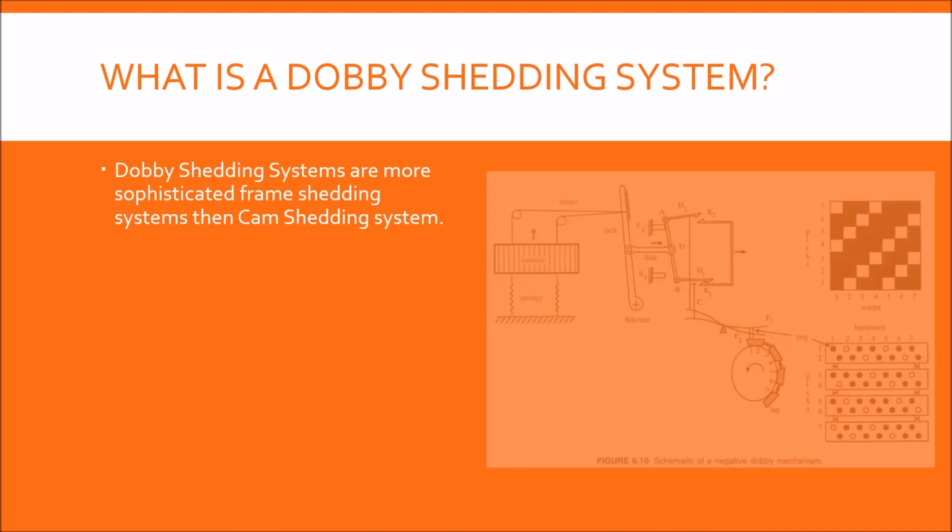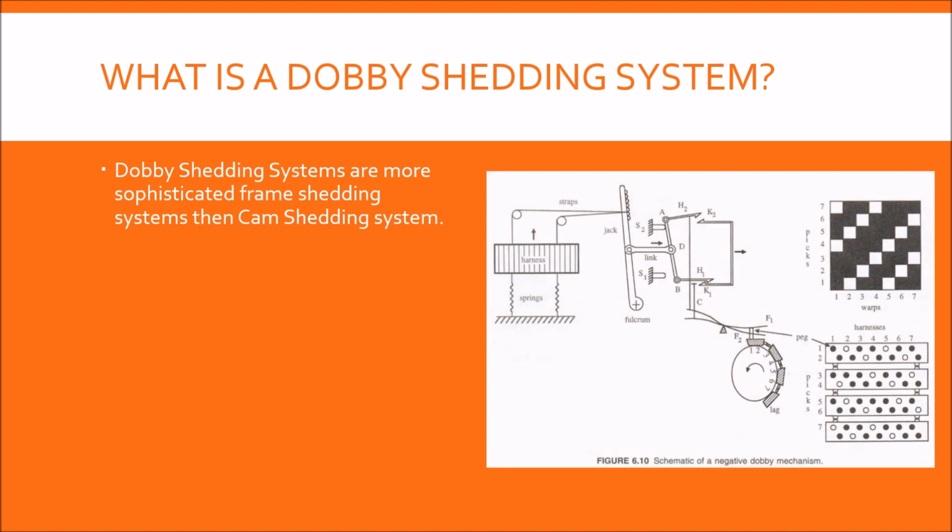We can have multiple types of movements. For example, we can selectively control our frames, which frame to lift and which frame not to lift, and that makes us free from this one shaft causing the movement, and this movement translating into the frame.